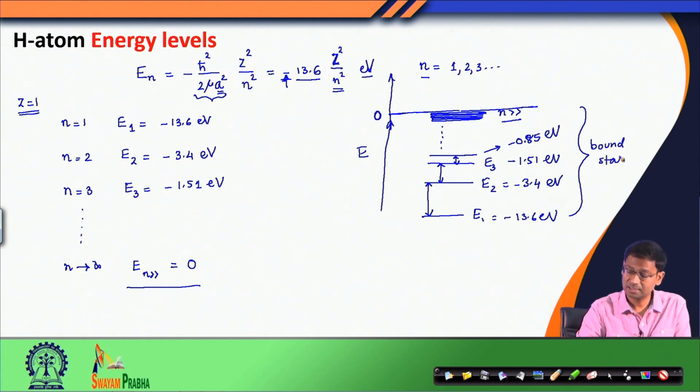They are bound states in the sense that the electron is still, quote unquote, bound to the nuclear environment, to the nucleus. Electron still experiences the nuclear field. That represents the bound state. When energy is positive, that would represent that the electron has left the nuclear environment and it is a free particle, or it is unbound.